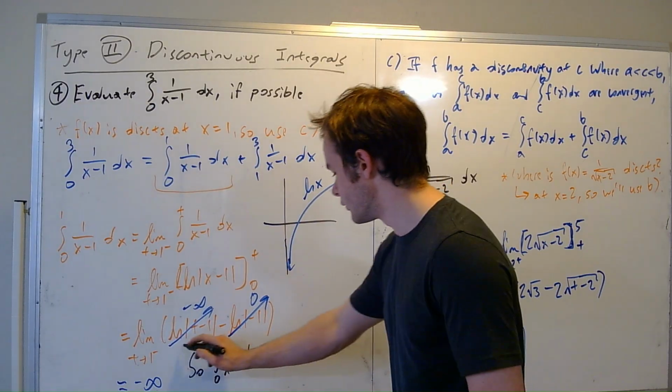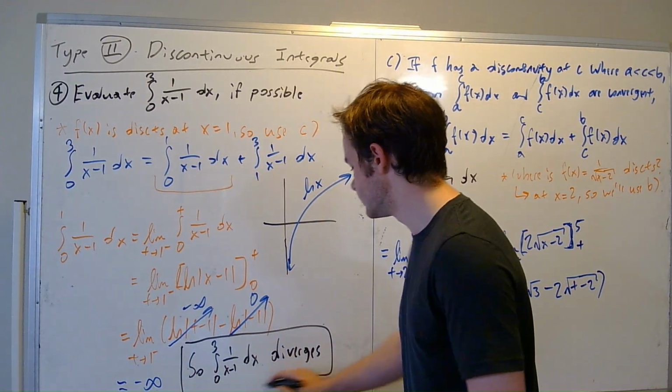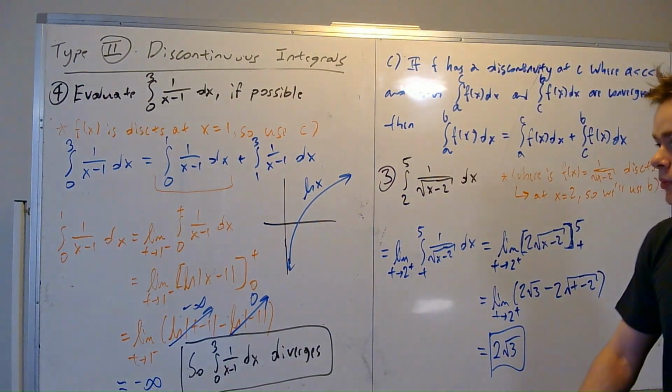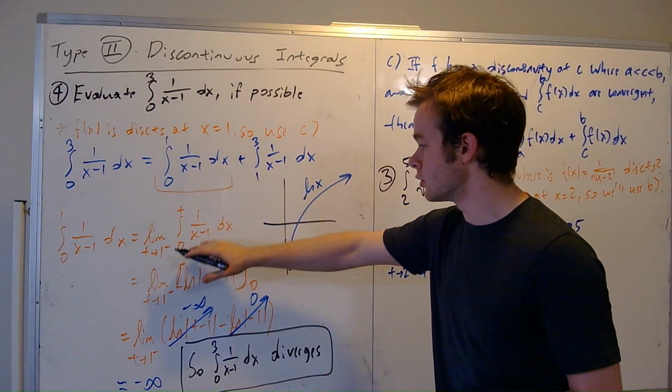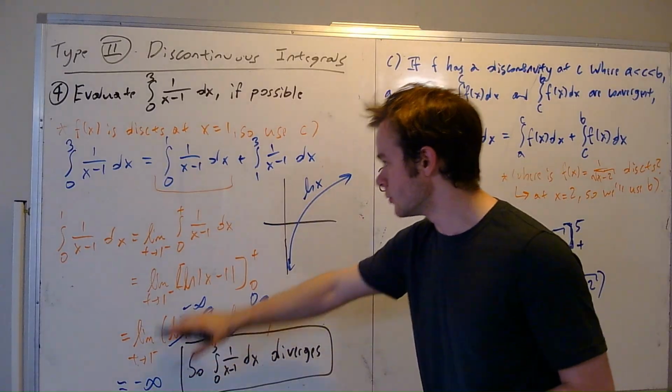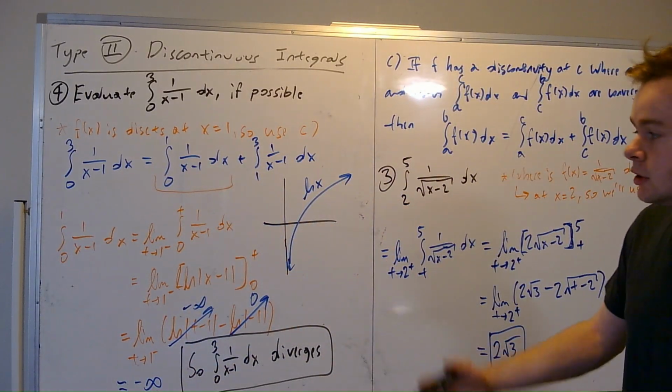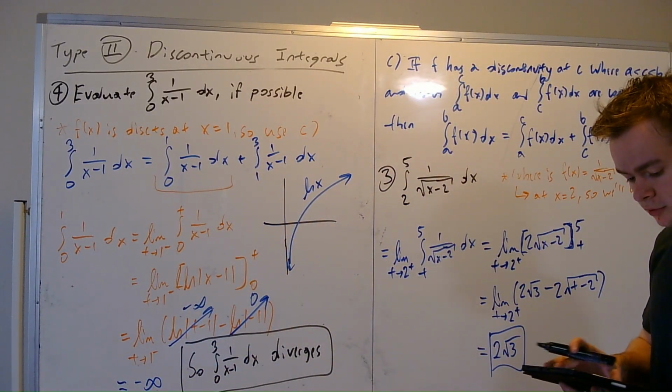And that was because one of its parts diverged. Right, so you just have to break it into these two parts, solve one of the parts, and notice since one of them diverges, we don't have to worry about the other part, we just know the whole integral diverges.